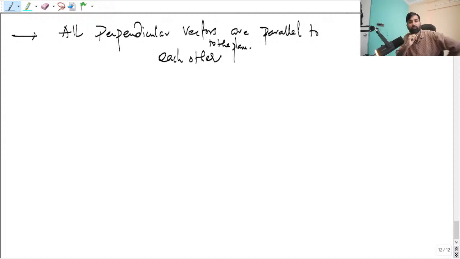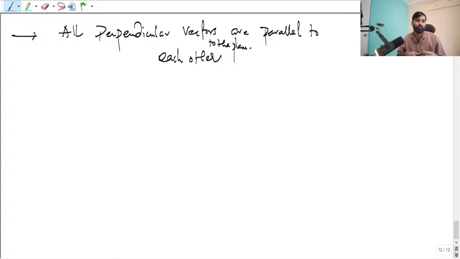So how can we find other vectors? Parallel to each other means what? We can get other vectors just by multiplying some scalar constant with the normal vector, because we know the normal vector.